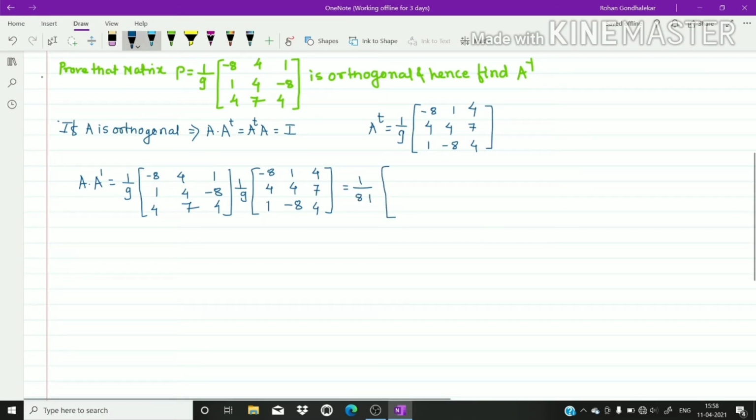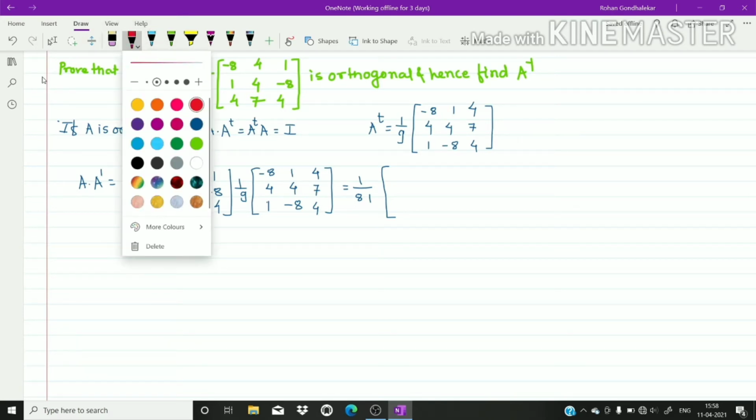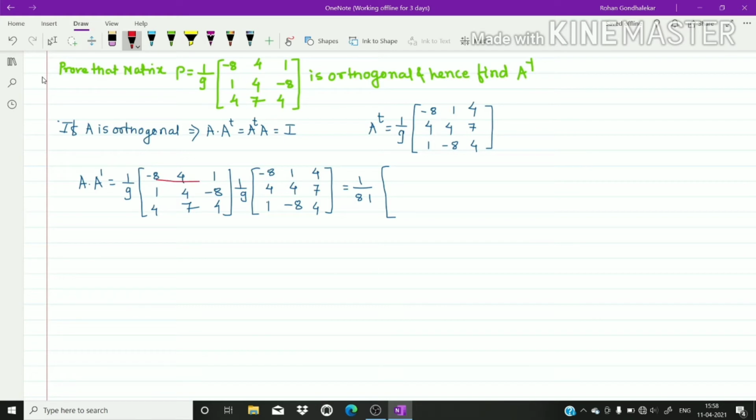Now how does the calculation take place? Yes, it's very simple. We go with the first row entries into first column entries. So that means minus 8 into minus 8 plus 4 into 4 plus 1 into 1. I hope you are aware of matrix multiplication. Now first row, the second column.